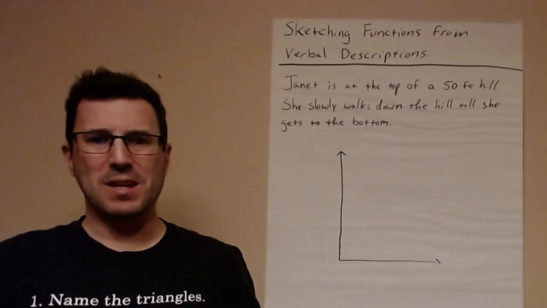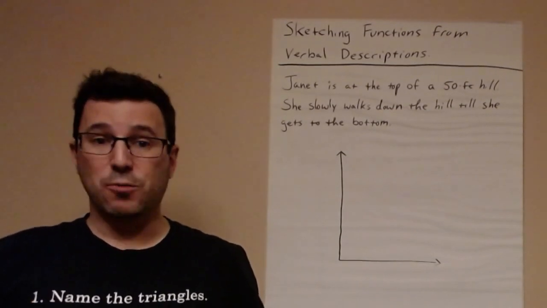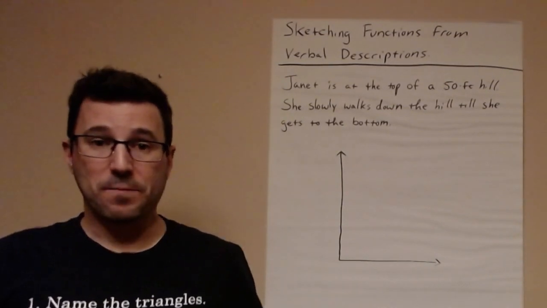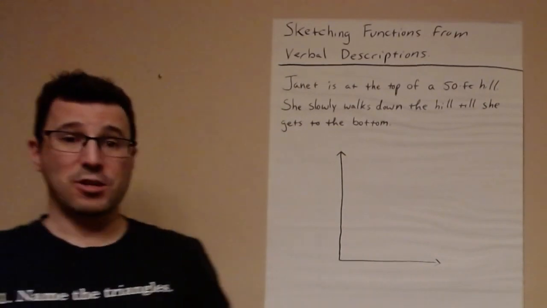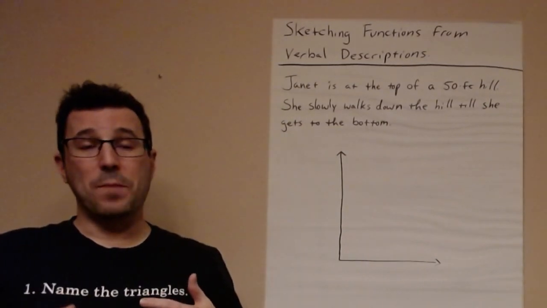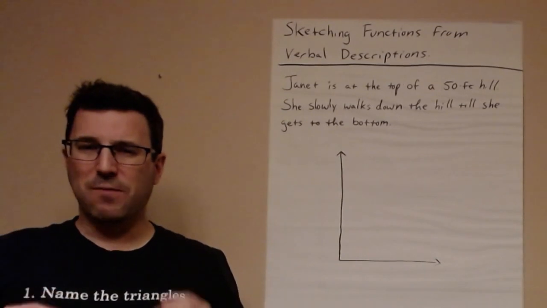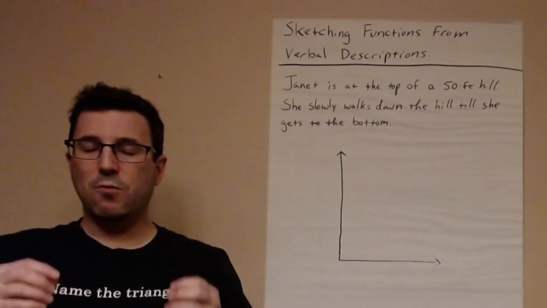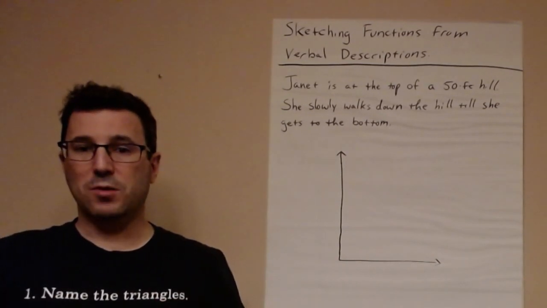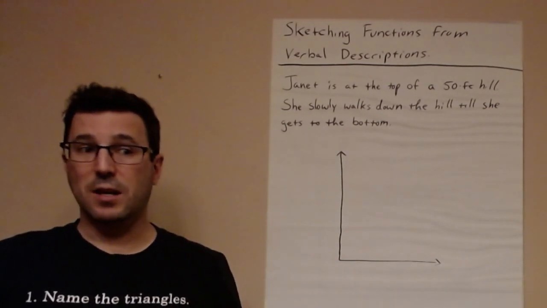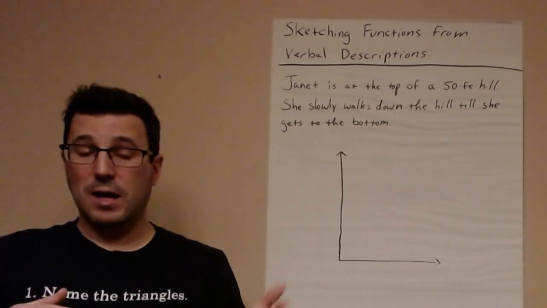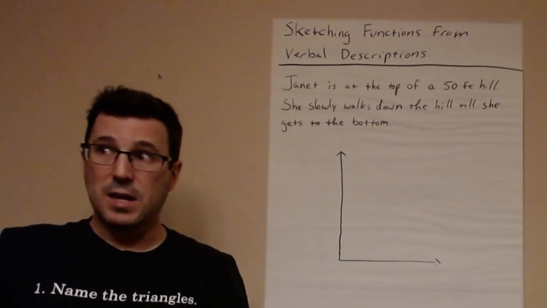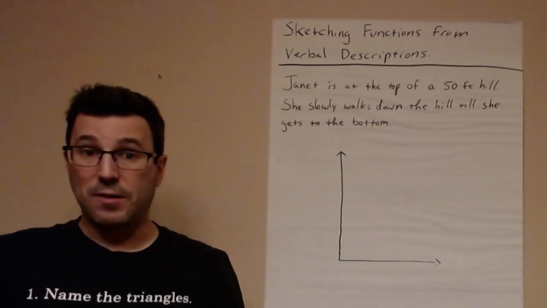Today what we're going to talk about is sketching functions from verbal descriptions. And really what that means is I'm given a situation written out in words, and I draw a graph to go along with it. The good thing with sketching a graph is that I don't have to get very specific, meaning I'm not stuck with specific numbers. It's not like at this point I have to go to 3 comma 50, or at this point I have to be at -2 comma 7.